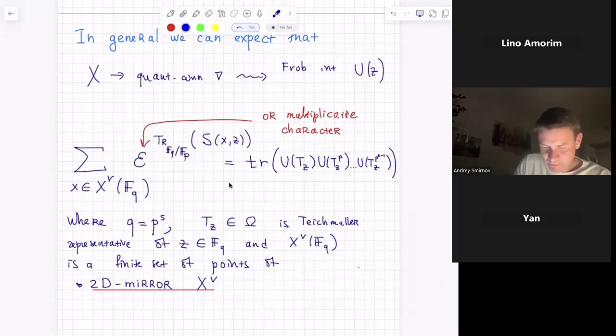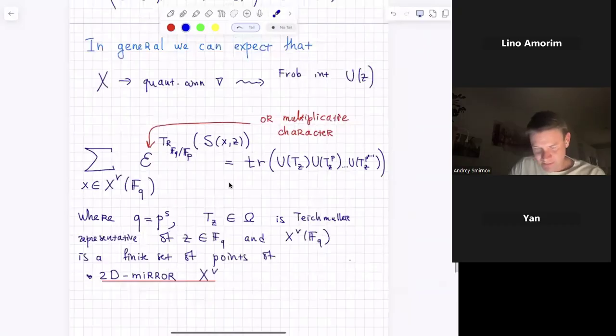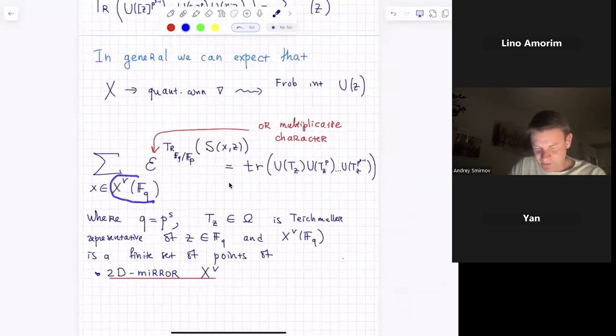And the sum is running over some points of a certain mirror variety, which I denoted by X check here. In all examples I considered before, this variety was a torus, but in general it might be more complicated, and it's called a mirror variety, whatever it is, over finite field points. And I guess in many examples, for example in the case of Nakajima varieties, I don't know what this thing is, but I think it exists.